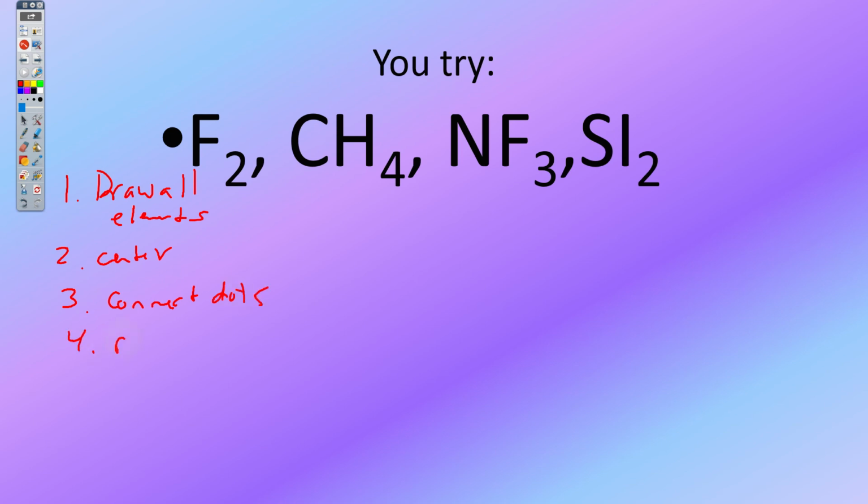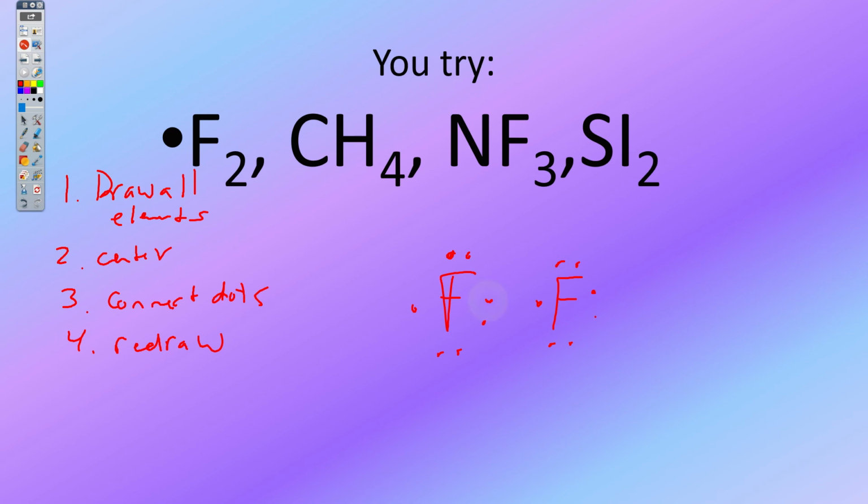And 4, redraw. I'm going to start with F2. So I'm going to go F and F. F has 7 valence electrons, 1, 2, 3, 4, 5, 6, 7, and 1, 2, 3, 4, 5, 6, 7.